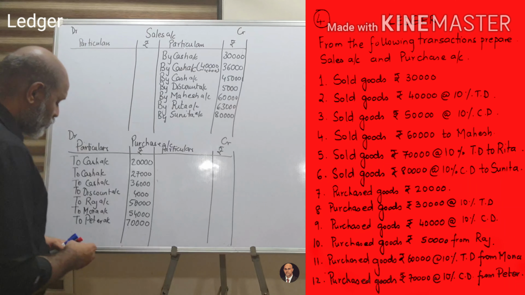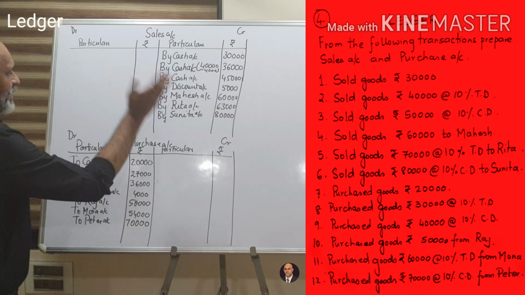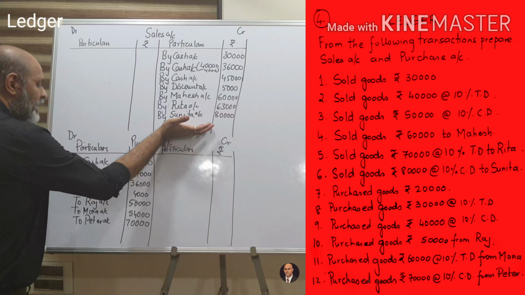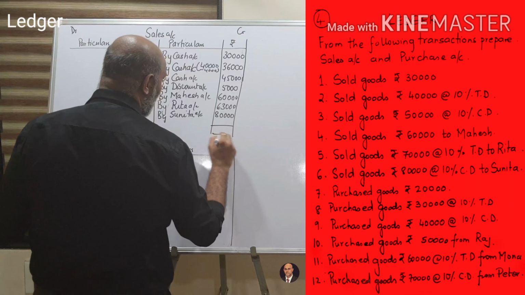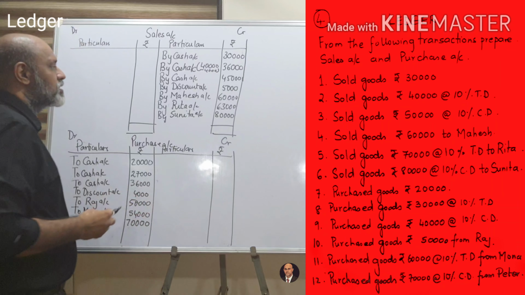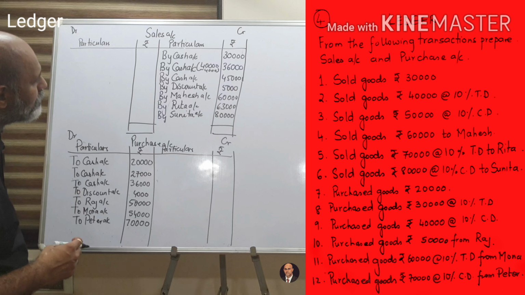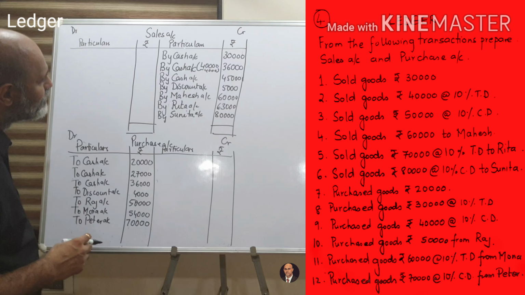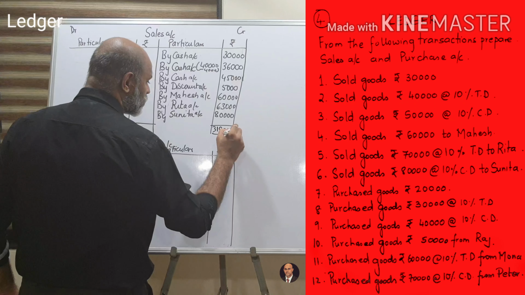Now comes the time to balance. As you know, we have to balance both sides, but clearly the sales account has only a credit side and the purchase account has only a debit side. That means sales has a credit balance and purchase has a debit balance. Let's total: 30 plus 36 is 66, 71, 111, 116, 176, 179, 239, 239 plus 80, 319. 3,19,000.